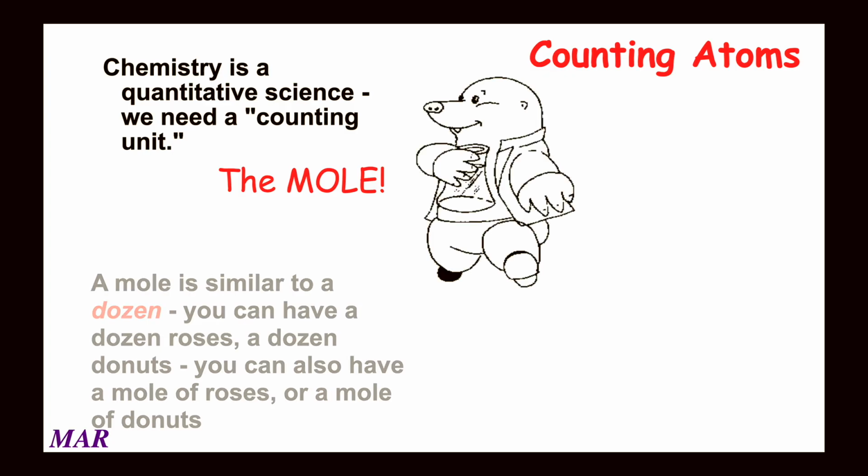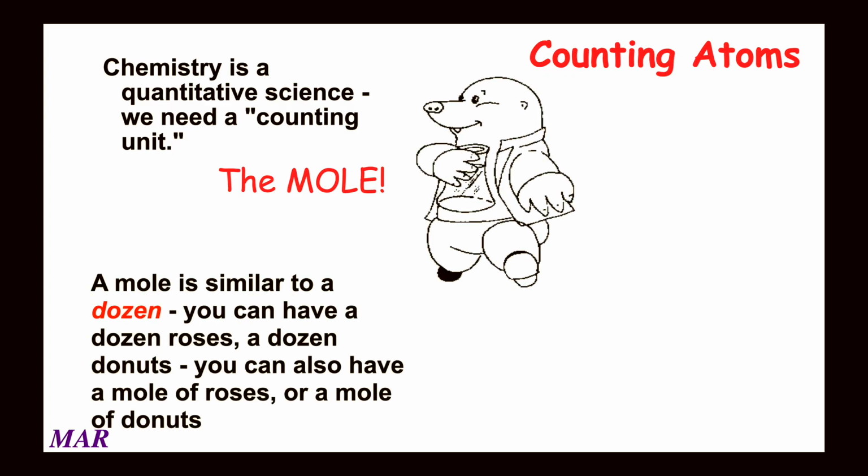Well, in chemistry, the counting unit is called the mole. And this little guy, who looks like the little dude that runs around your grass and makes holes, if that's a problem you have, the mole is actually the name of the counting unit. It's not the little creature that does that to your grass. A mole is kind of like a dozen, all right? If you're going to buy your significant other some roses, you might buy them a dozen roses, 12.